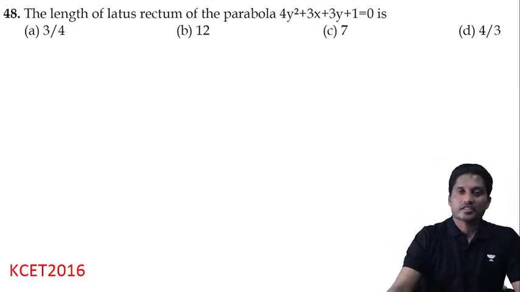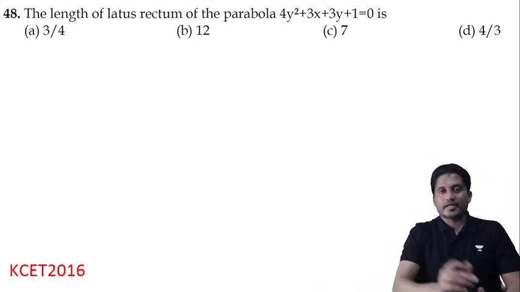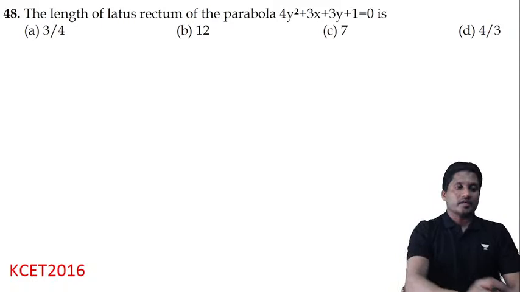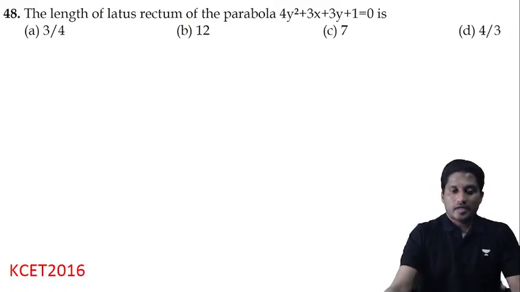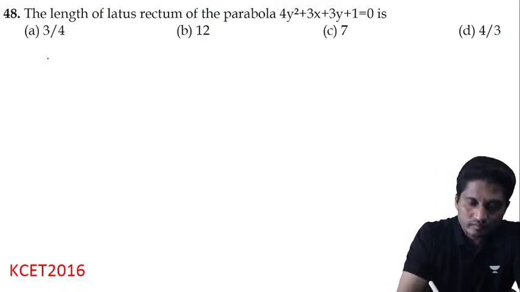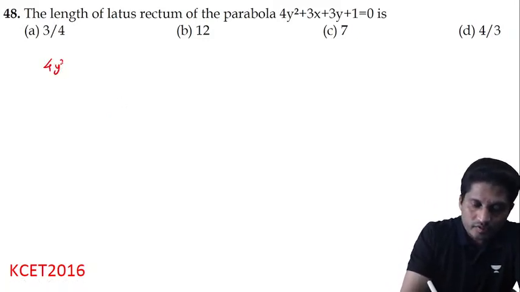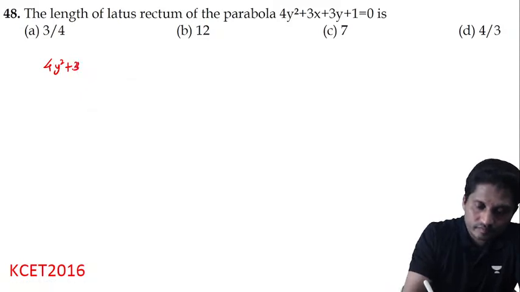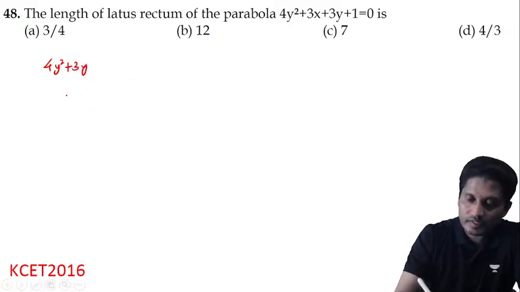The length of the latus rectum of the parabola is... first, this is a transformed parabola, so bring the parabola to standard form. Write this as 4y square plus 3y plus 3x plus 1 equal to 0.